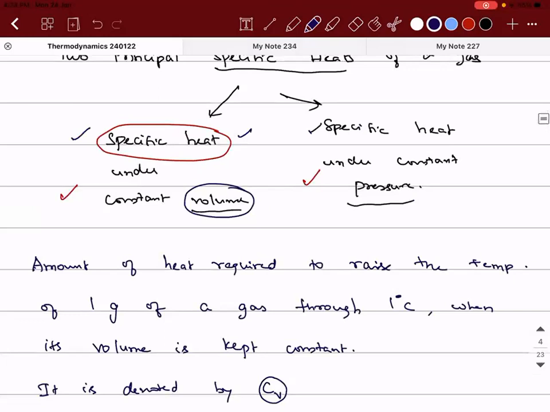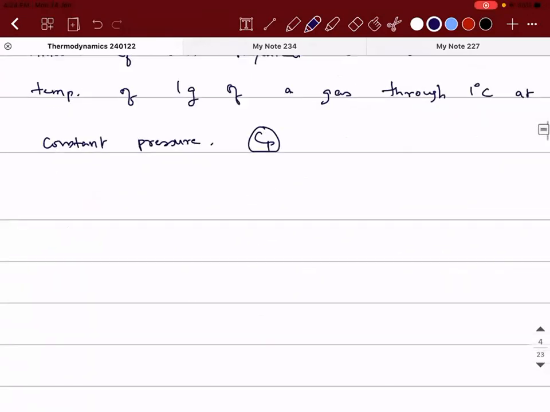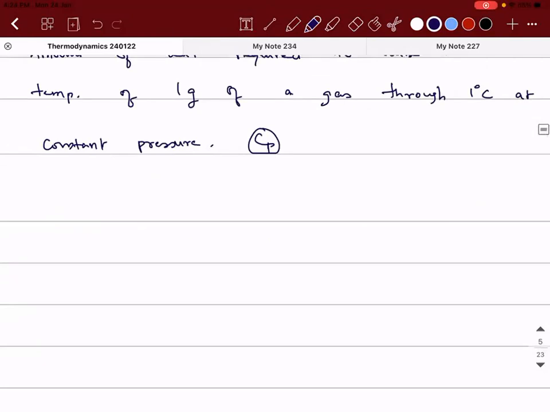We spoke about specific heat. Generally, when you talk about specific heat, or the other name for it, specific heat capacity, you try to define it for the mass of a substance that is present. But when you take a gas, more than mass, we talk in terms of moles. That is why the more appropriate type of specific heat that we talk about is molar specific heats.